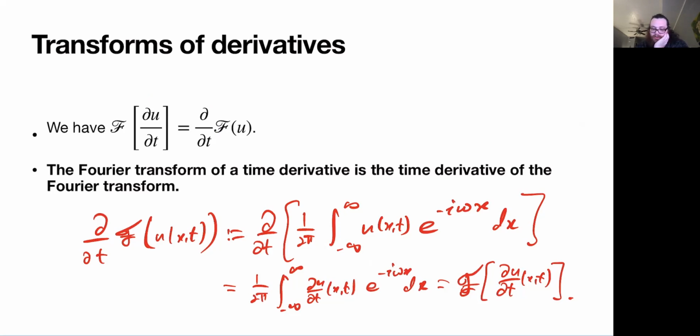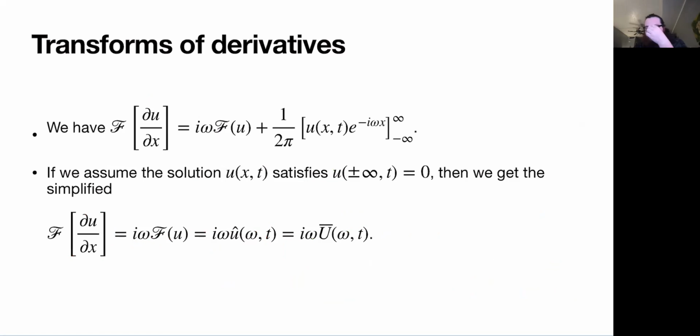Okay, cool. So what about the spatial derivative? Here we have a slightly more interesting formula, and this isn't too hard to get. What is the Fourier transform of the x derivative?